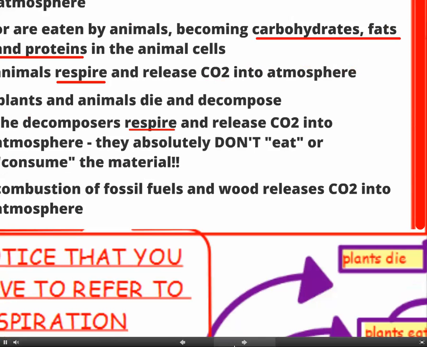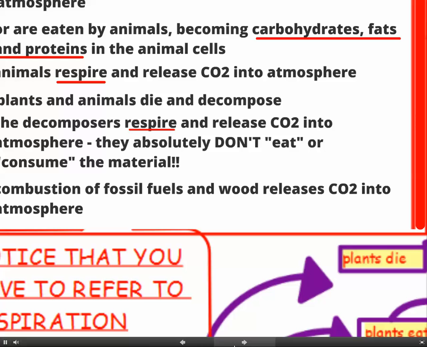So the plants and animals may die and decompose, and the decomposers, that's the microbes, they respire and release CO2 into the atmosphere. Now what they absolutely don't do is eat or consume the material. So don't use those terms. The decomposers respire. They don't do anything else.